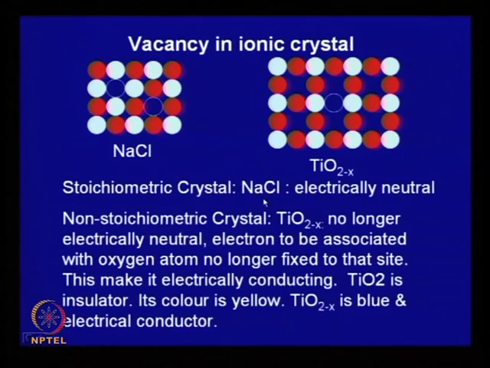Now, if you have vacancy in an ionic crystal, the situation is a little different. You can have two kinds of ionic crystals, one where they are stoichiometric, that is, both positive and negative ions are present in equal proportion. Overall it is neutral, exactly like NaCl.